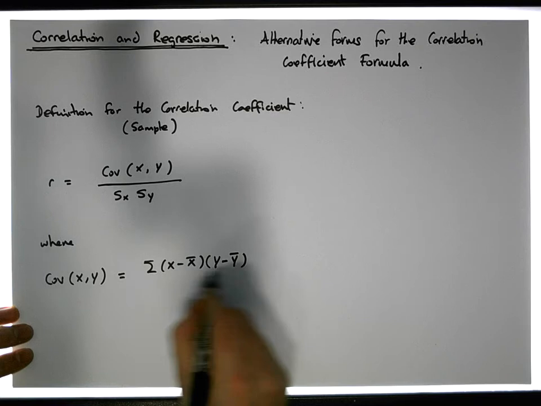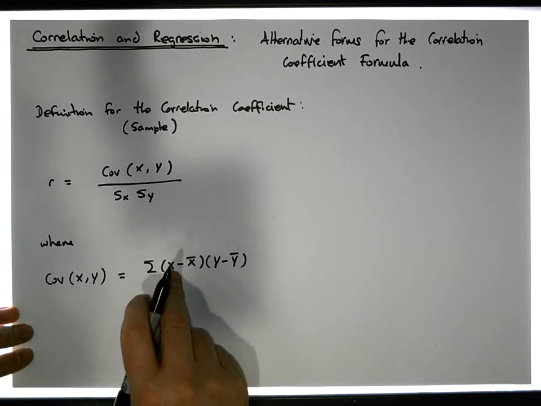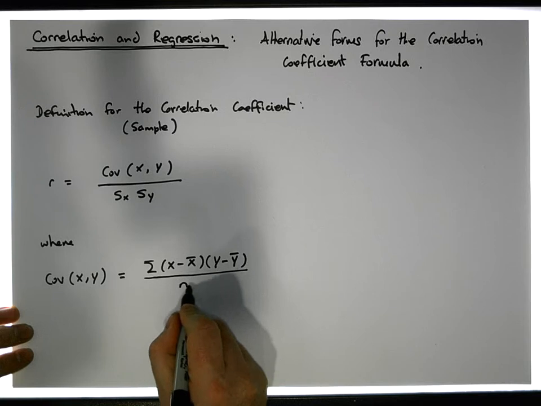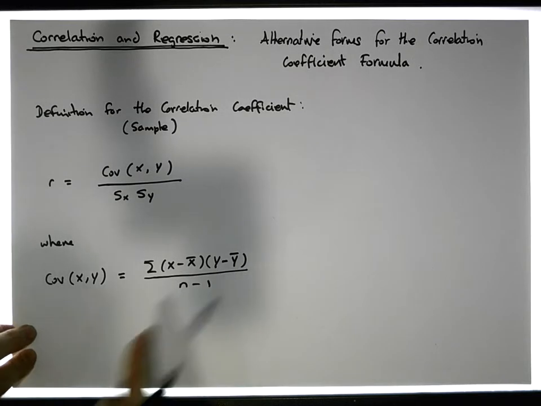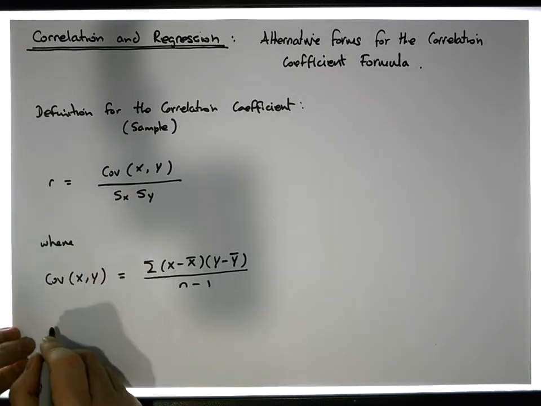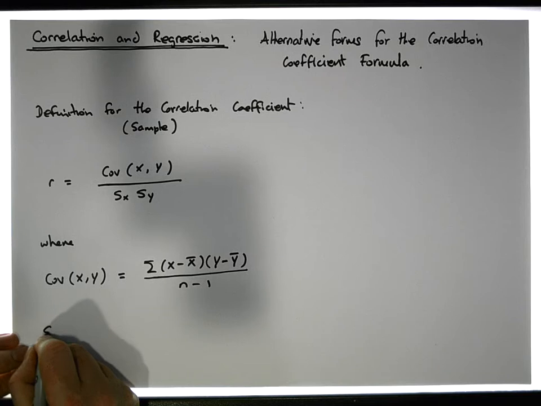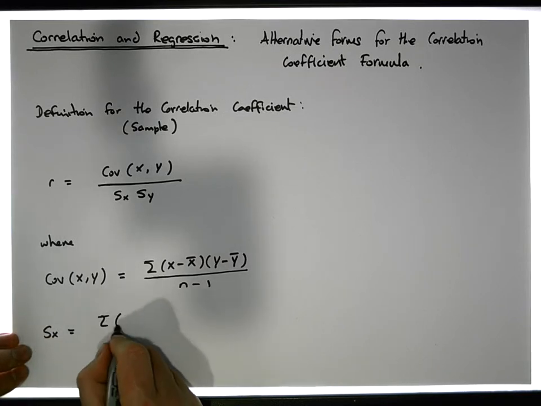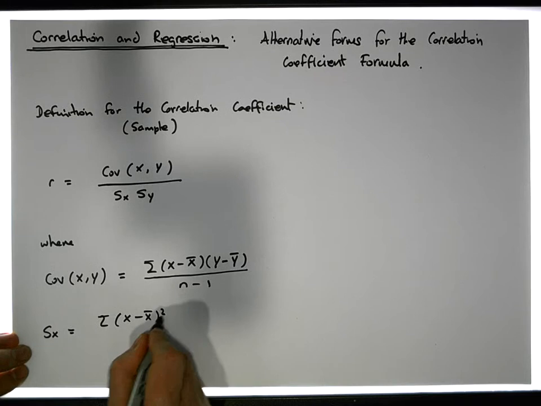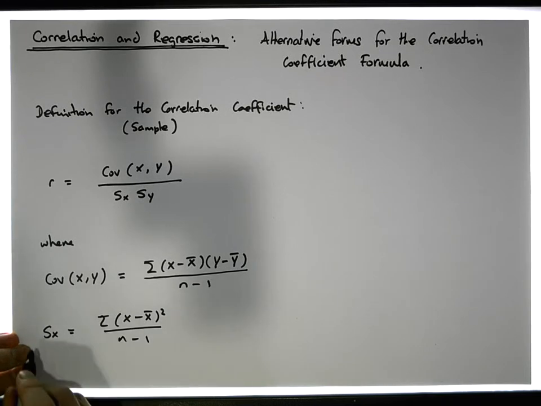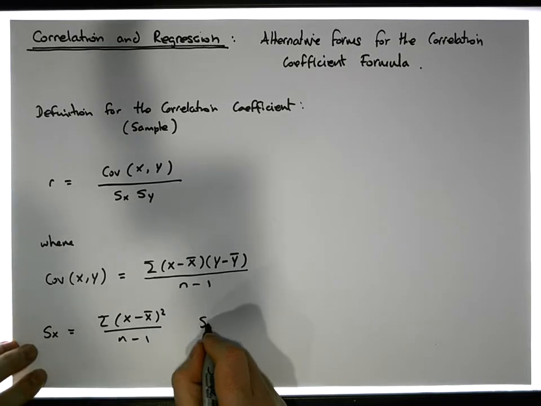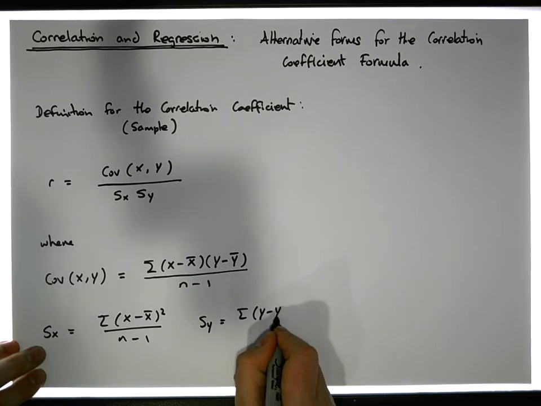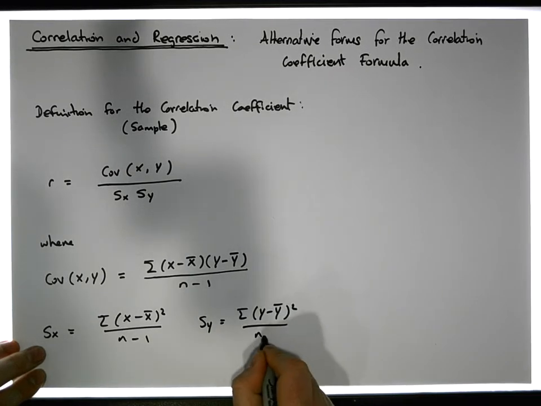This is our cross product, divided by n minus 1 because it's the sample covariance. The sample standard deviation s of x is the square root of the sum of (x minus x bar) squared over n minus 1, and similarly s of y is the square root of the sum of (y minus y bar) squared over n minus 1.